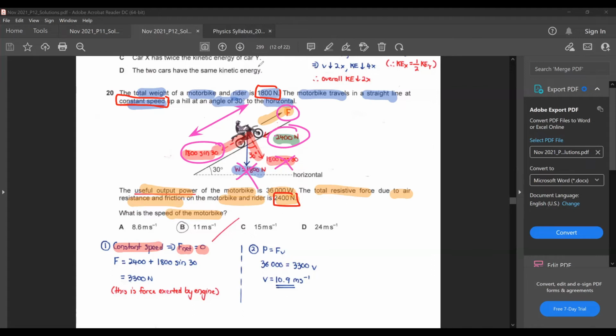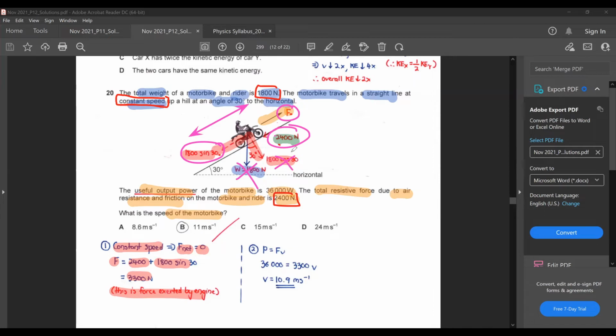So F is up, 1,800 sin 30 and 2,400 Newton are downward. So I can actually say that F is equal to 2,400 plus 1,800 sin 30. So this is the force exerted by the engine in order for you to continue moving at a constant velocity.